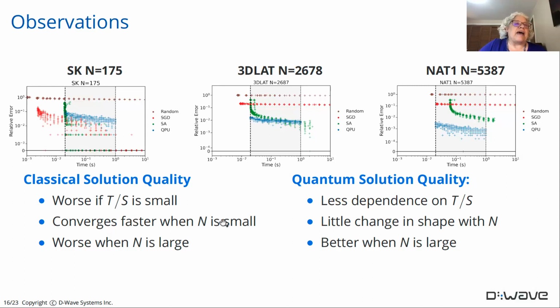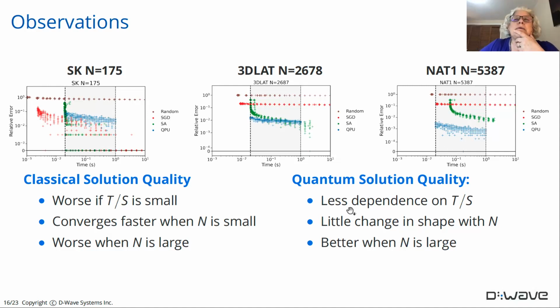It converges faster when n is small and slower when n is large, and it's worse when it converges worse. This makes sense if you understand how these heuristics work: it needs more time on bigger problems, and it's going to do less well if you give it fewer, bigger problems and less time.